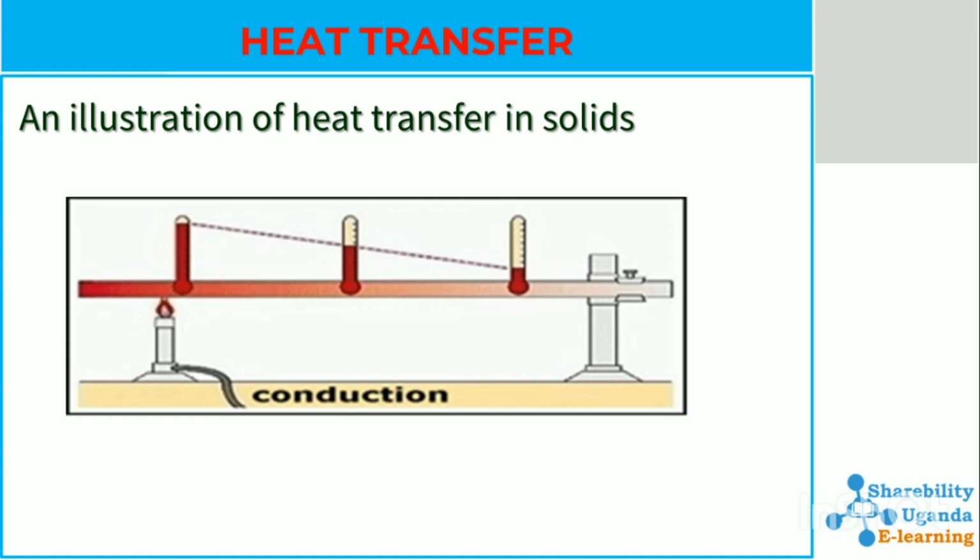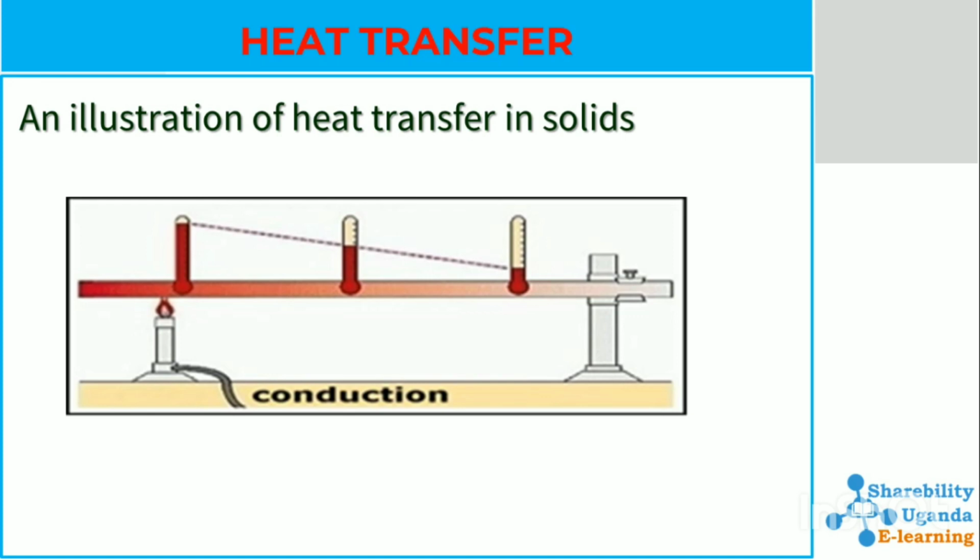An illustration of heat transfer in solids: we see a candle put at one point of the bar with three test tubes placed on top of the bar. We can see that the test tube next to the candle, or next to the heat source, has a higher temperature compared to the others, and the test tube which is the farthest point from the heat source has a low temperature.